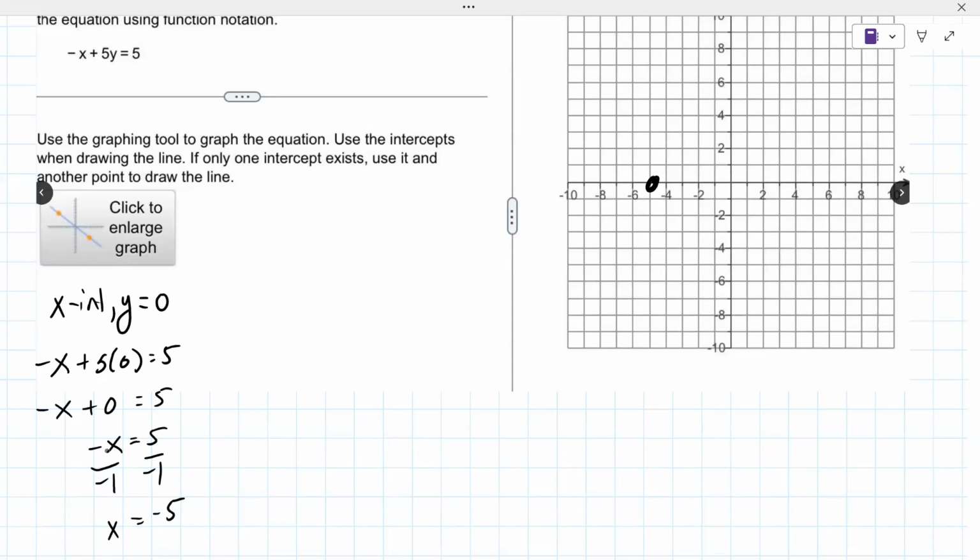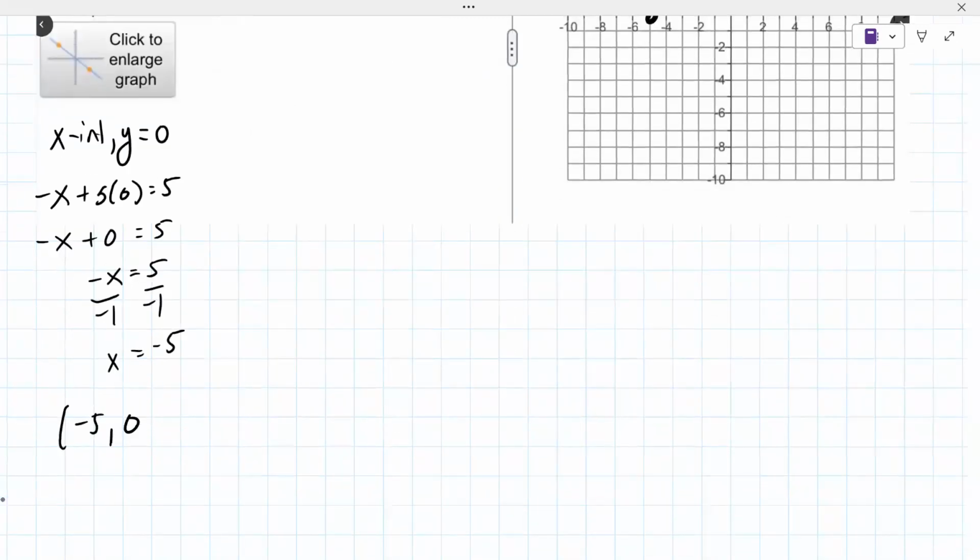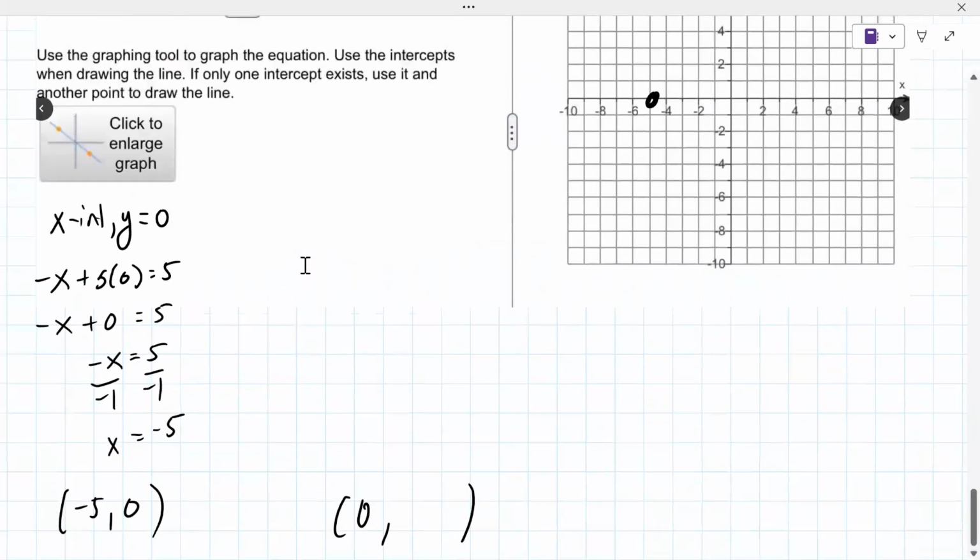So there's that dot right there. The x one is (-5, 0). Yes. It's always going to be, like you said, a number, comma 0. And then the other one is going to be 0, comma some number. We will find that out in a moment.